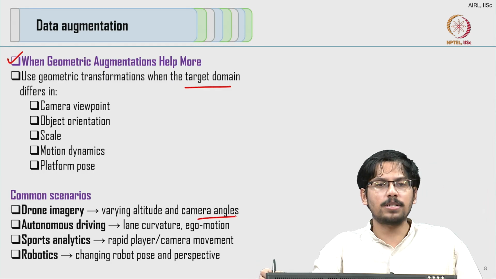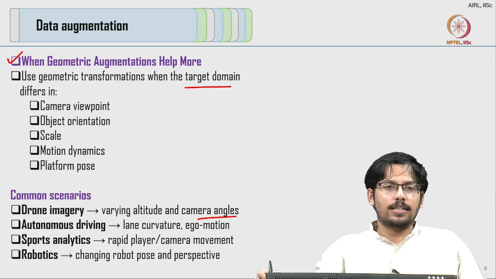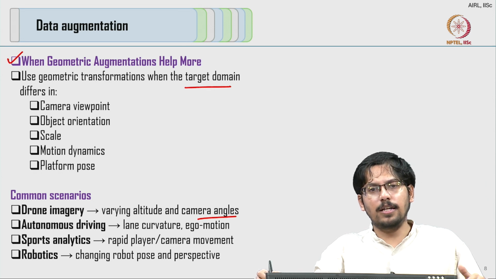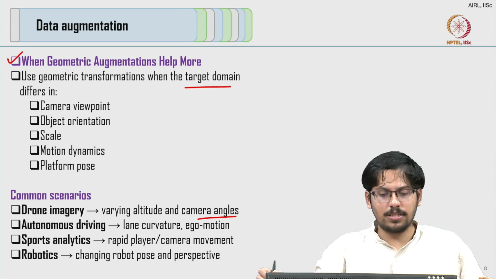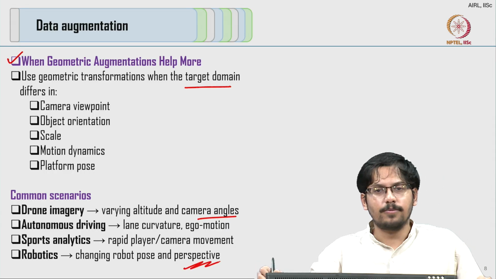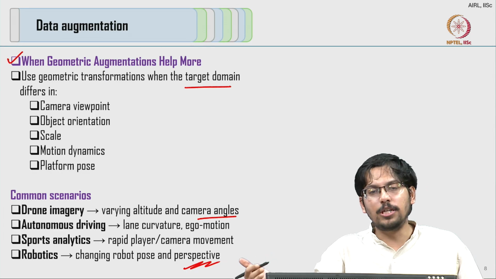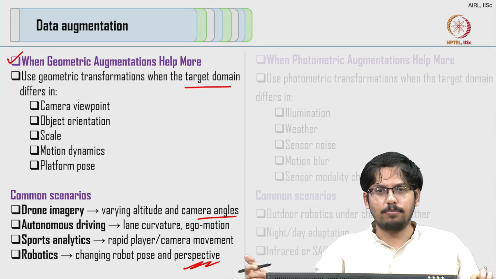We have autonomous driving, right. There is also robotics, where the pose and the perspective keep changing, and if the training data doesn't have samples for these changes in perspective and so on, data augmentation techniques could be used to augment the training samples.